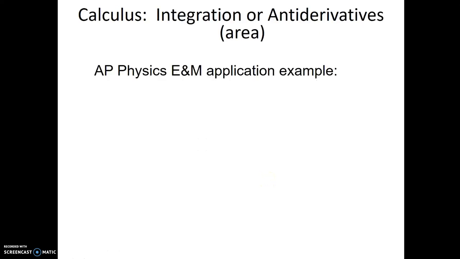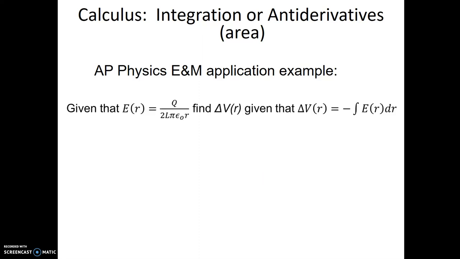Okay, let's look at a more recent one dealing with integration. So let's say we have a cylinder or something, and we have the E field is given as Q over 2 length times pi epsilon naught r. And we want to find the change in voltage with respect to r, the distance away from the cylinder.